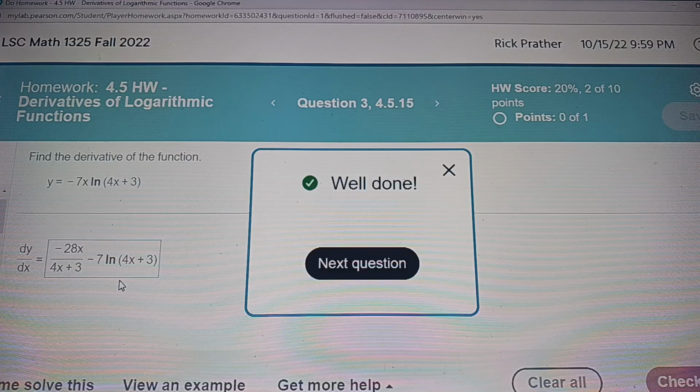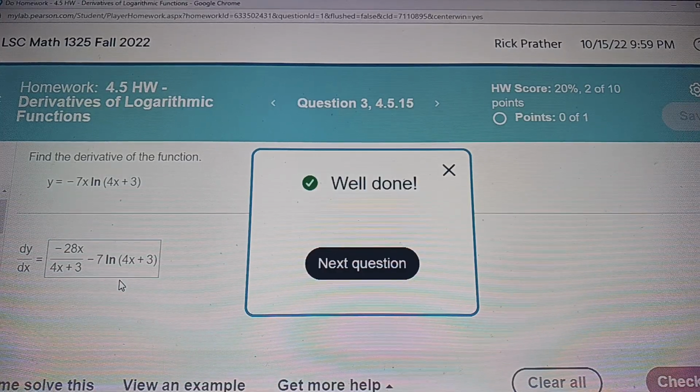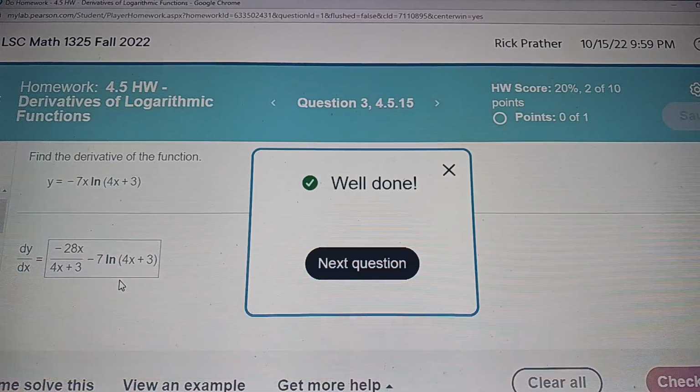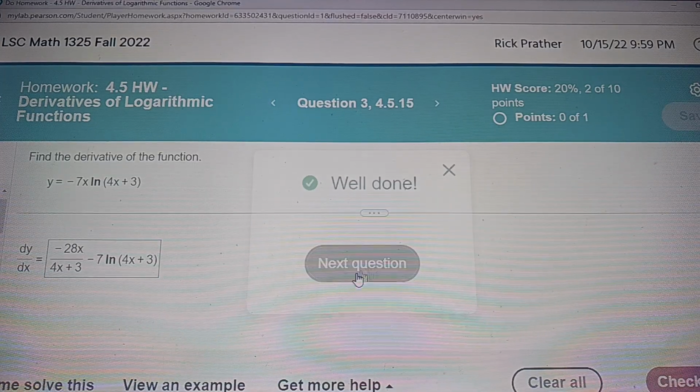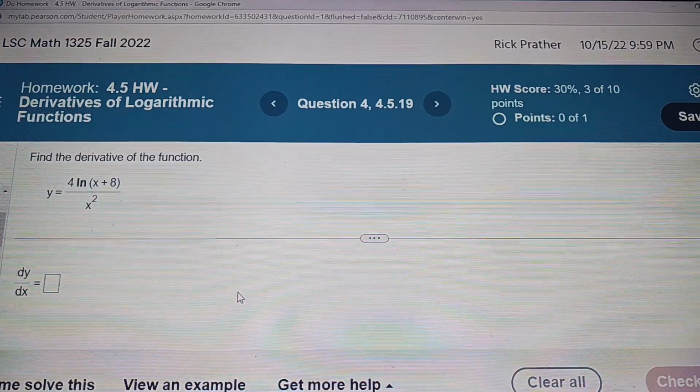And when he's doing it, it's not bolding the ln, so it's somehow not recognizing it as natural log. Maybe another thing you could try is type log instead of ln, log for log, and do a subscript base e. In fact, the next time it comes up, I'll try that and see if they take that answer. Because log base e is the same thing as ln.